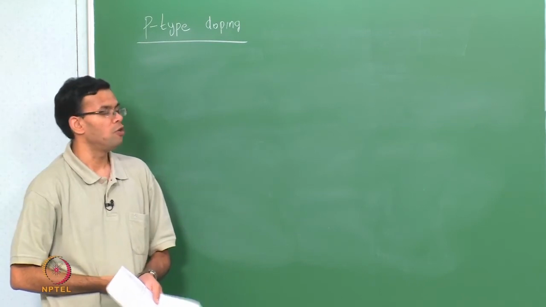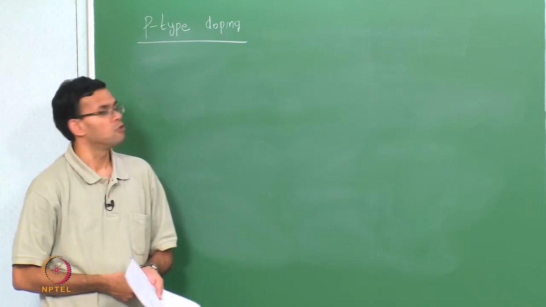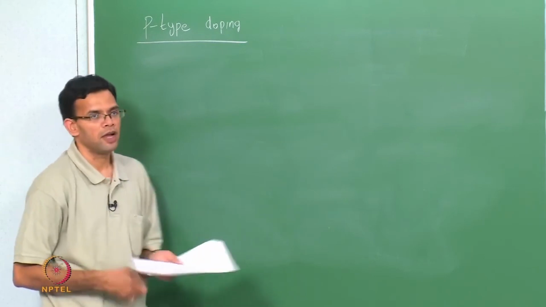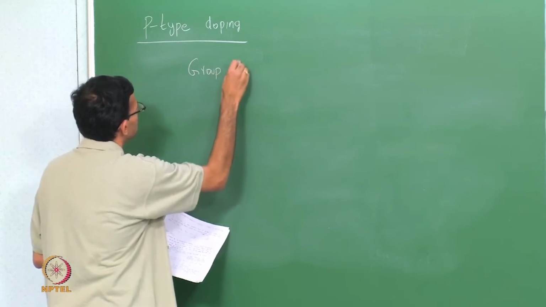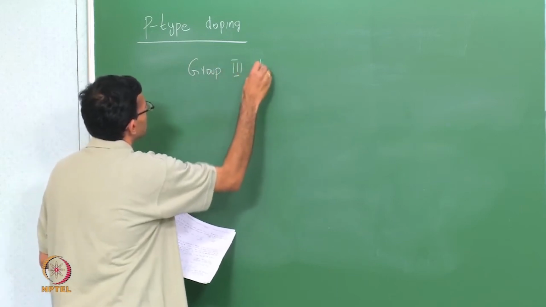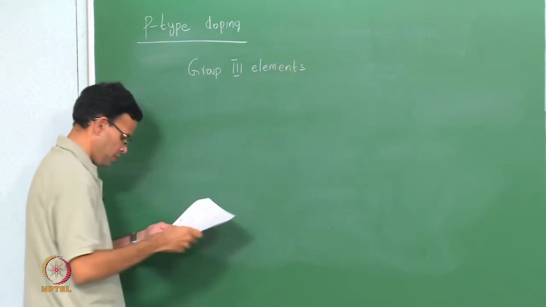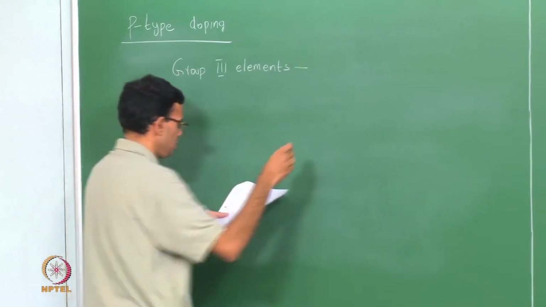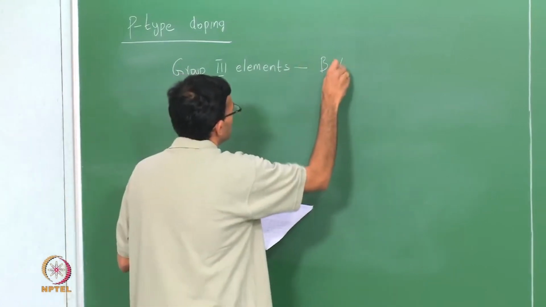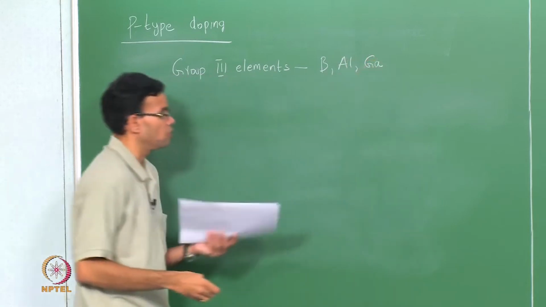We said that donors, which are N-type dopants, come from group 5. So, for p-type doping, we look at group 3 elements. Examples of such elements include boron, aluminum, gallium, and so on.